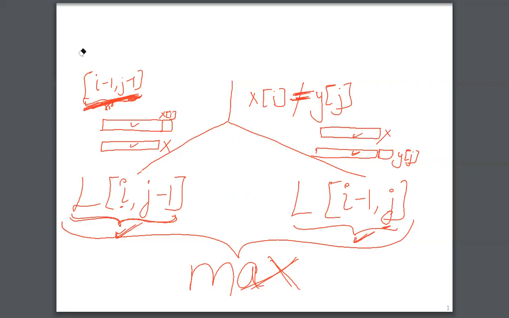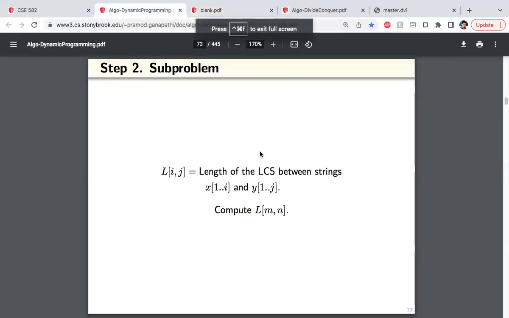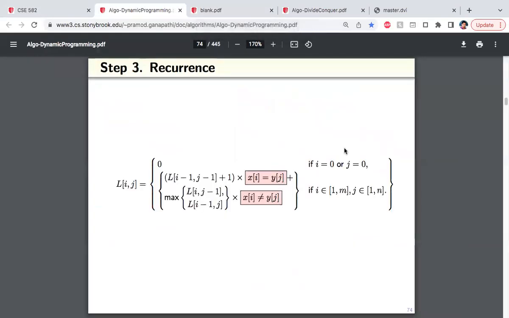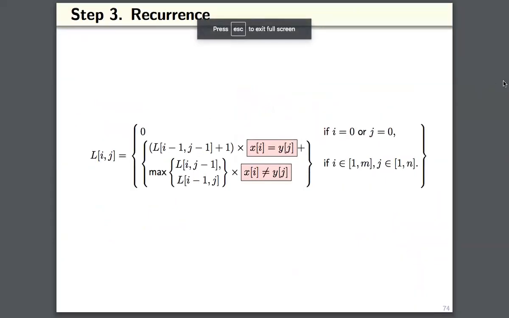Okay, so what is the recurrence then? It should be maximized over all the three cases. If x of i is equal to y of j, then L of i minus 1, j minus 1 plus 1, because one character comes from here.